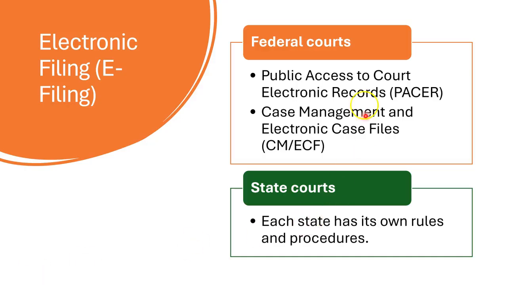A little bit more on that, public electronic filing and electronic information. For example, federal courts have PACER, Public Access to Court Electronic Records, and here we have case management electronic case files. That's where you file stuff, but the attorneys also have access to the case file through case management, electronic case files, CM/ECF, in the federal courts, and they can also use PACER.